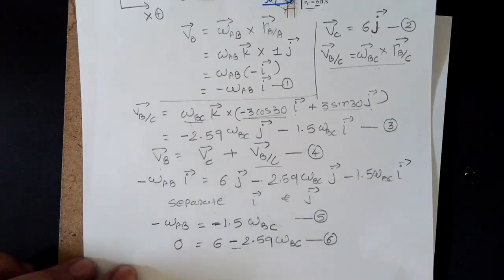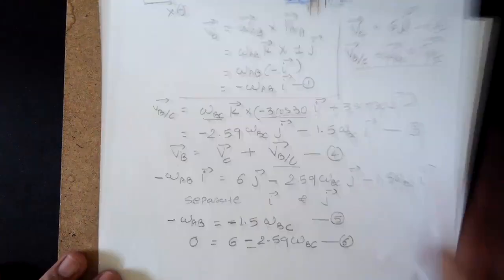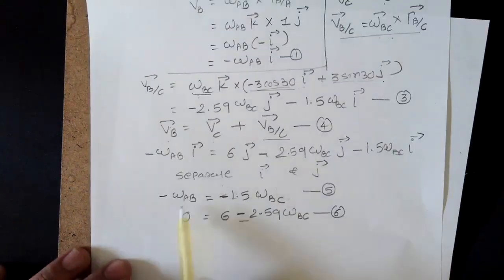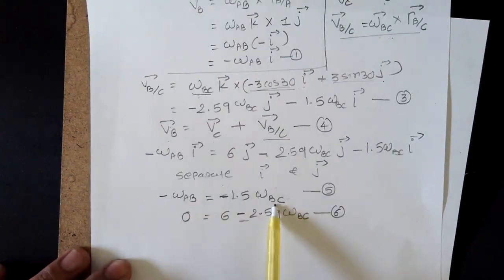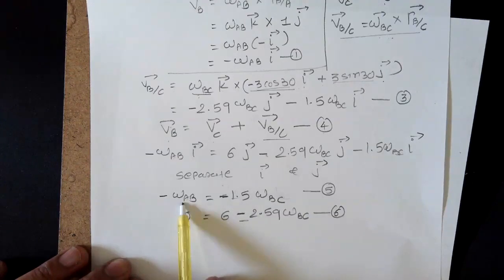And then the last step is we have two equations and two unknowns, and the two unknowns are omega AB and omega BC. So from equation 6 we can calculate omega BC and substitute that in equation 5 and calculate omega AB.